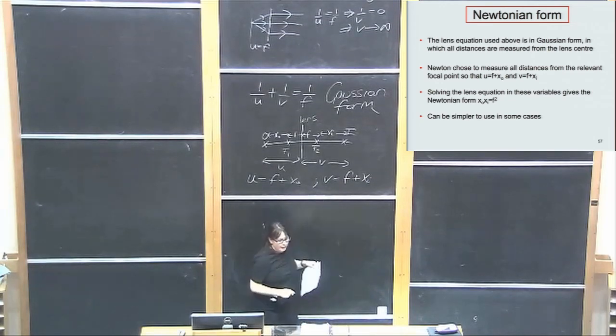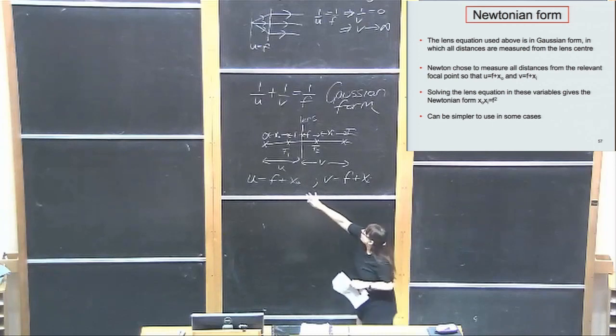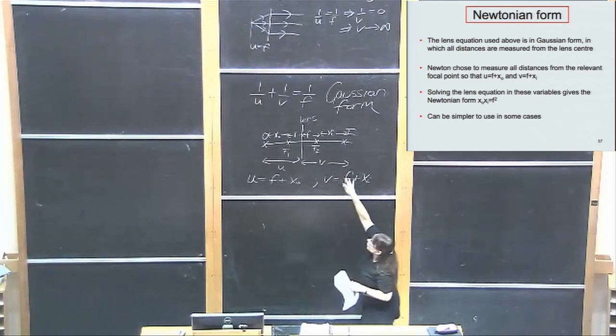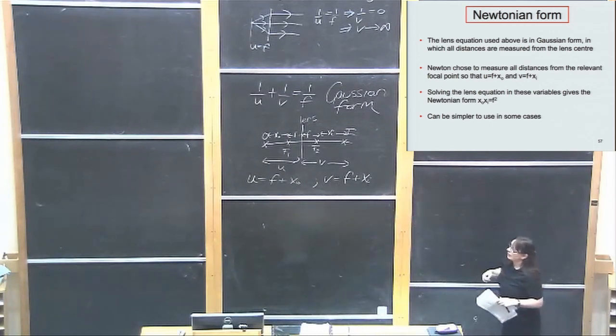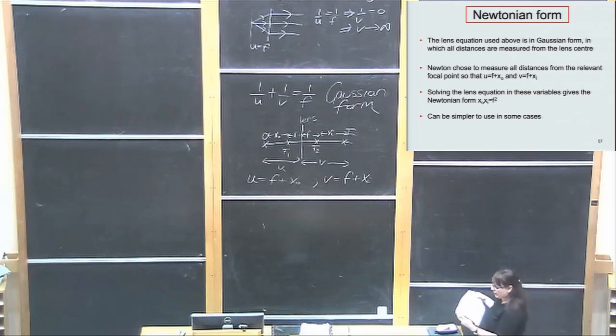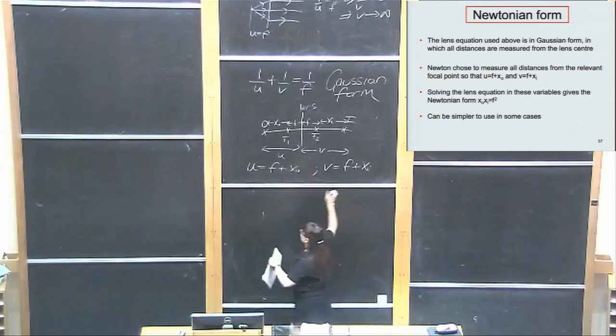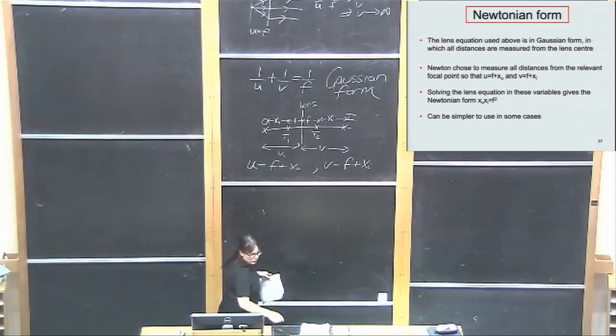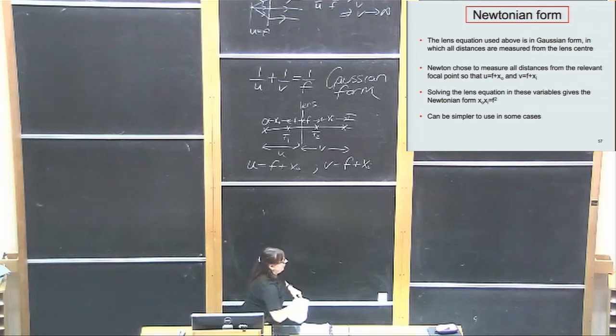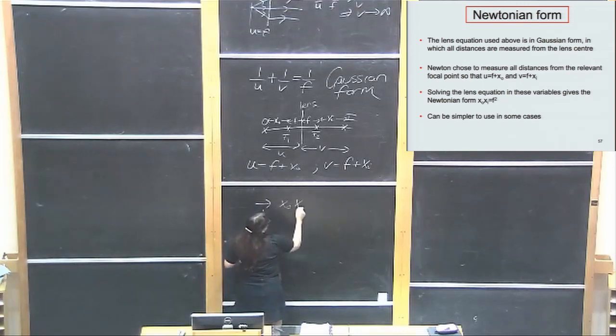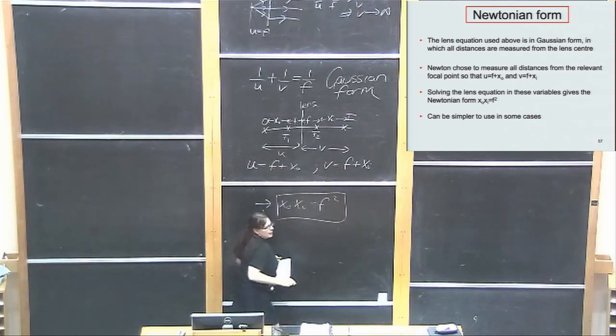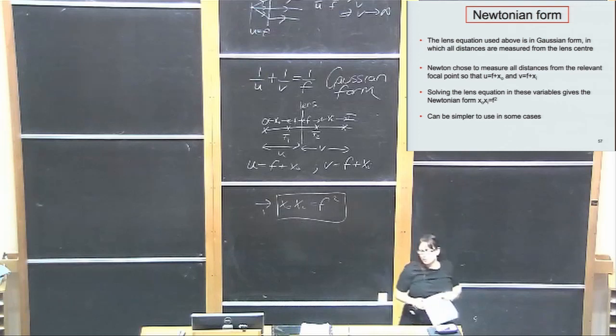Now, if you substitute this u and v into the Gaussian form, and you rearrange for 2 or 3 lines, what you get out is the so-called Newtonian form of the lens equation. It looks quite nice and simple. Dropping my chalk today. So what you get is x0 xi equals f squared, and that's the Newtonian form. It can be nice and simple to use in some cases.